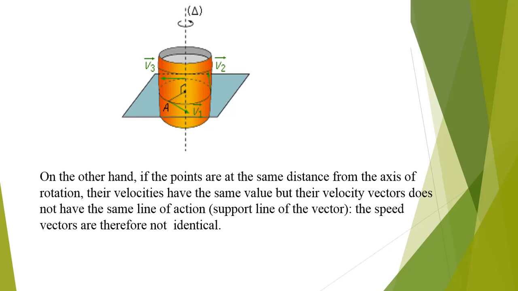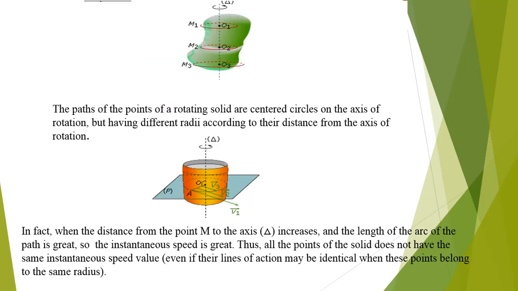In this figure, we take into consideration 3 points situated at the same distance from the axis of rotation delta, while in this figure we take into consideration 3 points located on the same radius but at different distances from the axis of rotation.